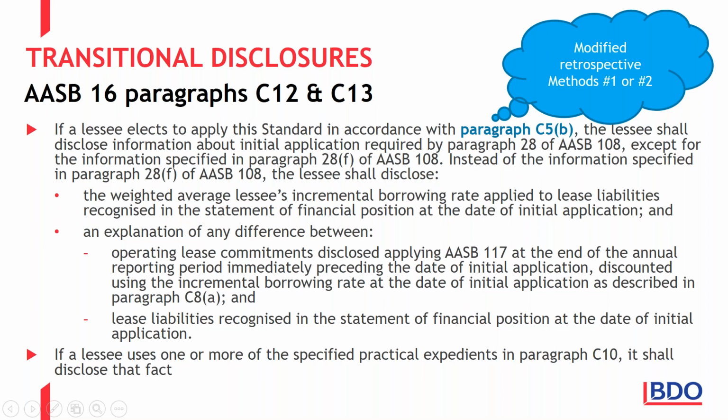And I want to flag it now because it's important when you implement new systems that your new systems can generate this information, so that you don't spend money on a new system and when you get to 30 June 2020, you cannot get the information required for disclosure purposes.